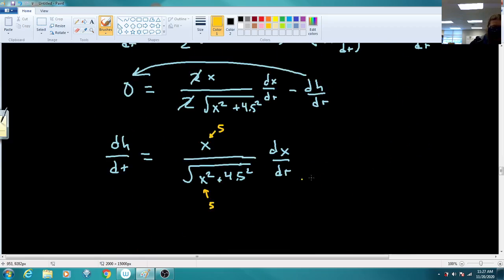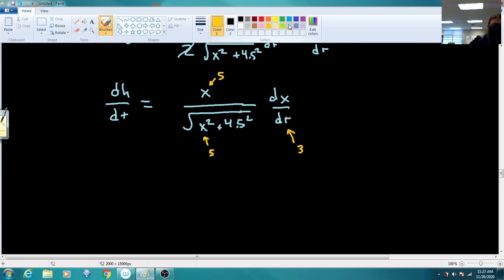So that will be 3 meters per second. And basically we get dh dt should equal 5 over the square root of 5 squared plus 4.5 squared, all that times 3.